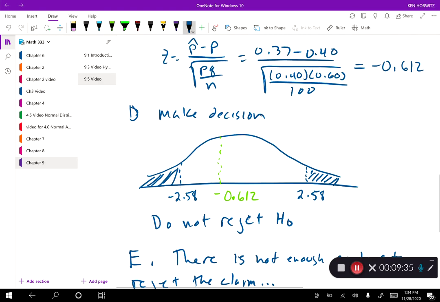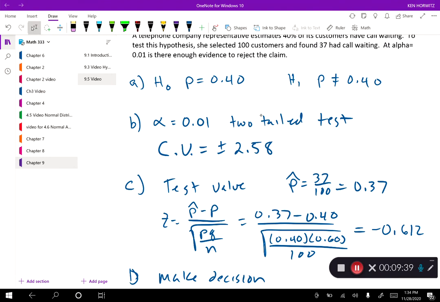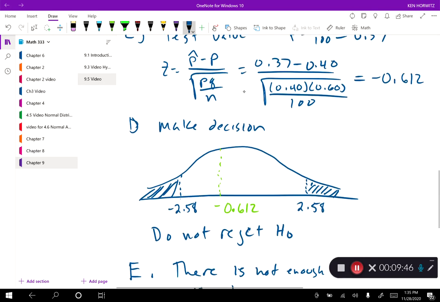All right, because over here, remember, we're always testing the null hypothesis, and this is the claim. I should have filled that in earlier. That's okay.